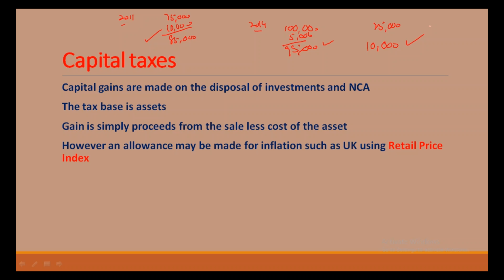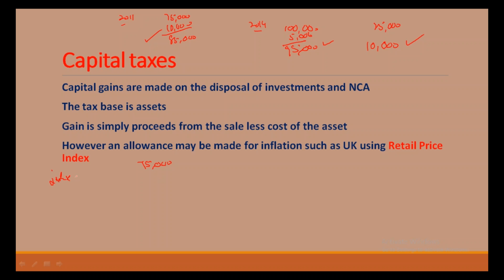So let's assume that the 75,000 you bought, they say the inflation between 2011 and 2014 is 10%. Because of the inflation, the 75,000 figure you have to increase by 10%, what we call indexation allowance.